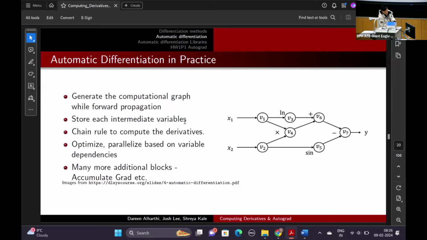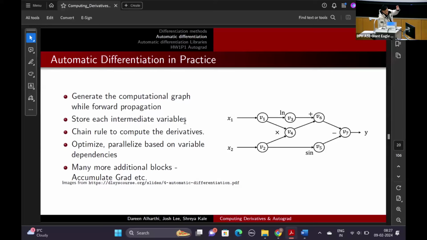Then we use the chain rule to compute the variables, and that will prepare us for the backward pass, right? Because we also need to store the intermediate values of V3 and V4, because if we don't have the values, and the differentiation result depends on their specific value, then we will need to compute this all over again, right?